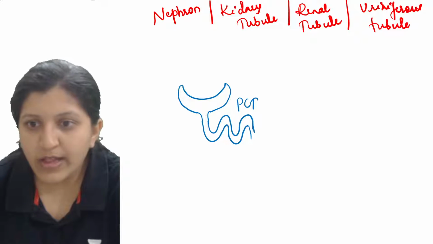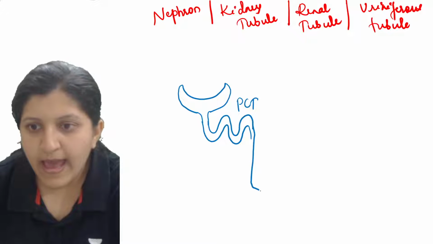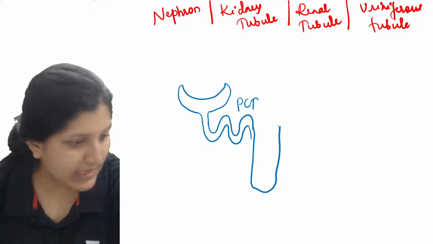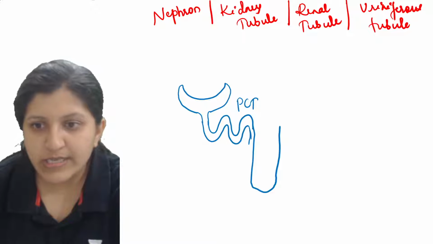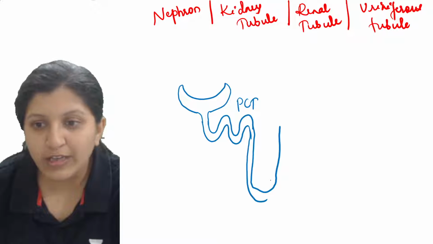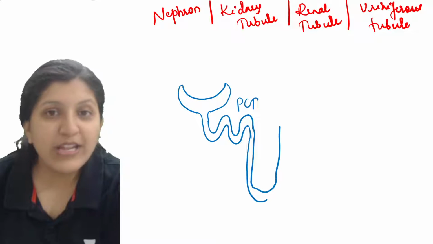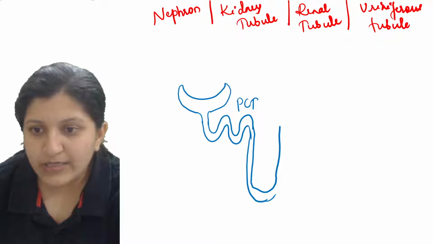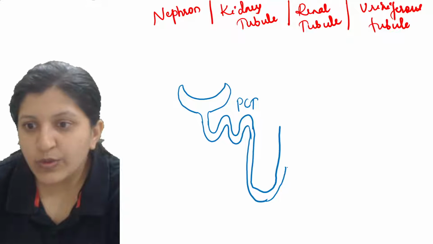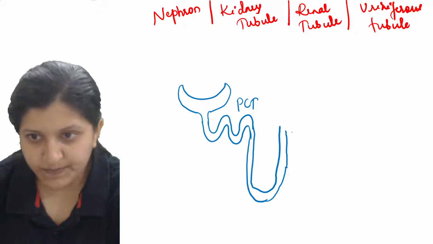Then we'll move down and this is going to be Henle's loop. This is basically coming into the medulla region. This part that you see is actually in the cortex region. This is coming down and this you can find in the medulla region.